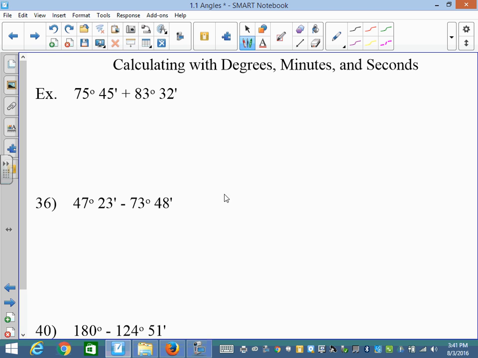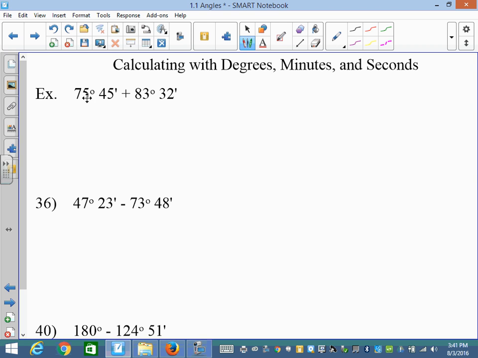Okay, so now, oh look, they want you to actually start doing the math with these. And there's many ways to approach this. I know some students will take this and make it all decimals and then go back to degrees, minutes, seconds. And some do not. I am going to not convert anything. I'm going to leave it as degrees, minutes, seconds, and then go from there.